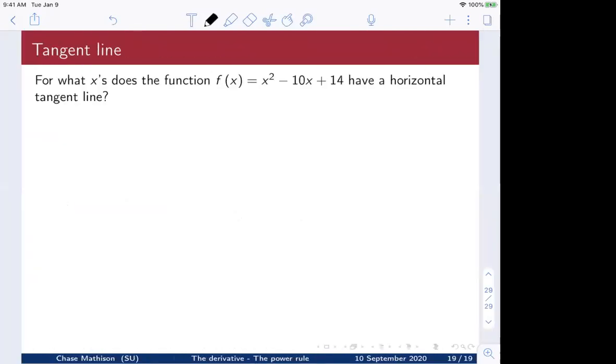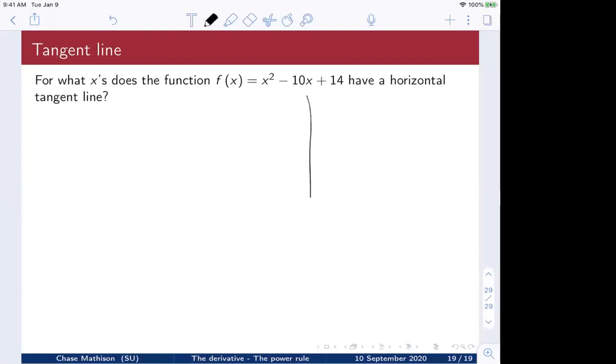Okay. So in the last 4 minutes: for what x's does the function f of x equals x squared minus 10x plus 14 have a horizontal tangent line? So what does it mean to have a horizontal tangent line? The derivative is 0. Perfect.